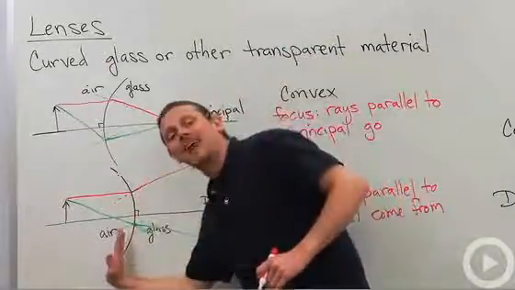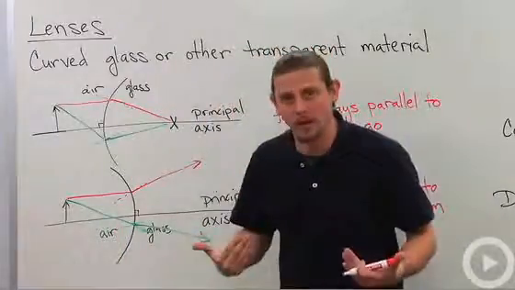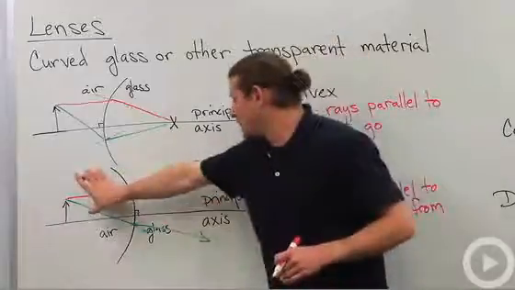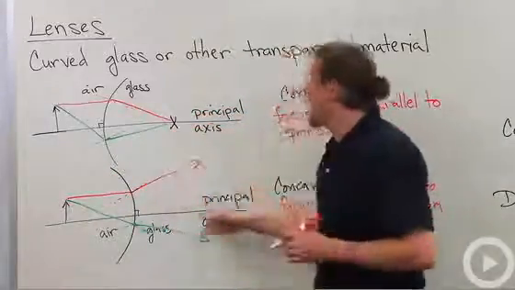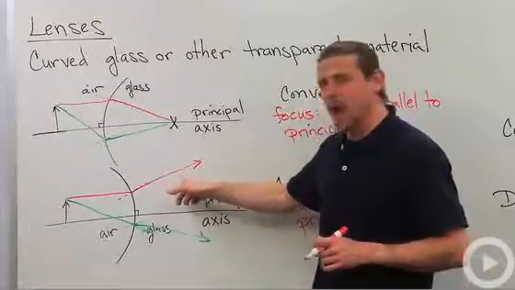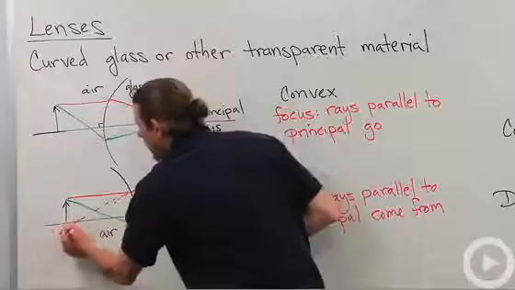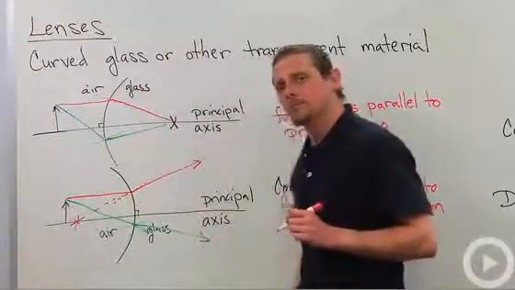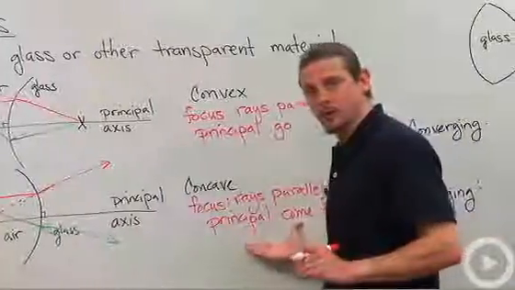So concave glass is called diverging, because light rays come in and then they split apart. Now notice that this light ray appears to be coming from somewhere like there. That's called the focus of a diverging lens.